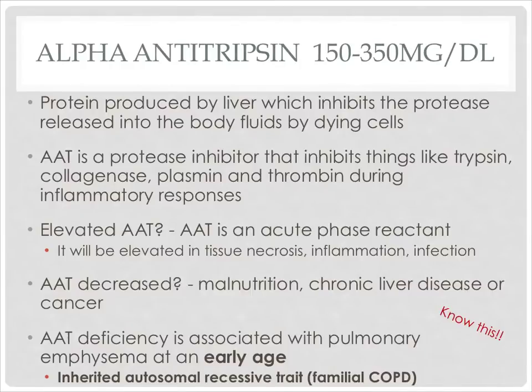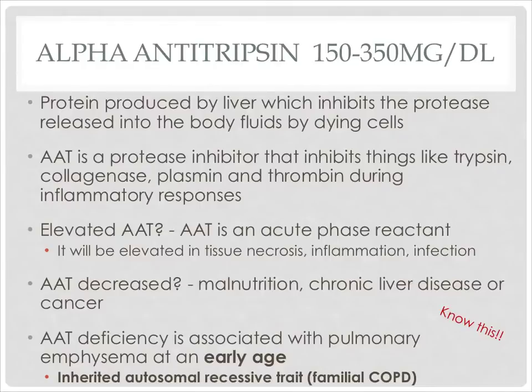Well, it's an acute reactant, so this is going to be elevated in times of tissue necrosis, inflammation, infection, infarction. All right, so it's not going to be very helpful to you in those situations. Where it might be more helpful to you is when it's decreased, and you're going to see that in conditions like malnutrition, chronic liver disease, or cancer. Now take that even one step further.